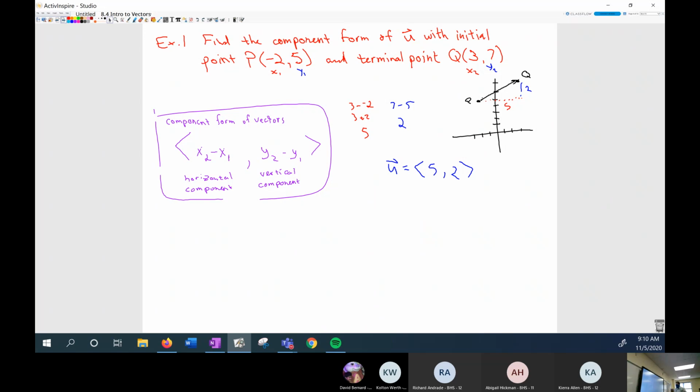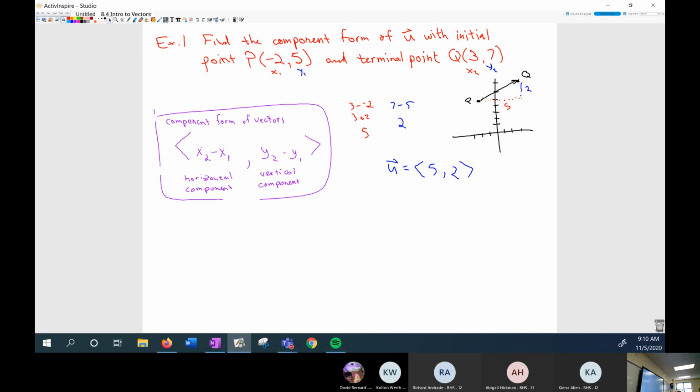Again, when we write these angle brackets, this is going to be important today. The angle brackets are called component form because all we're doing is listing the horizontal and vertical components. When we use those angle brackets, not parentheses, angle brackets tell us the instructions that the vector is following. So if I have a positive horizontal, that means I'm going to go to the right.